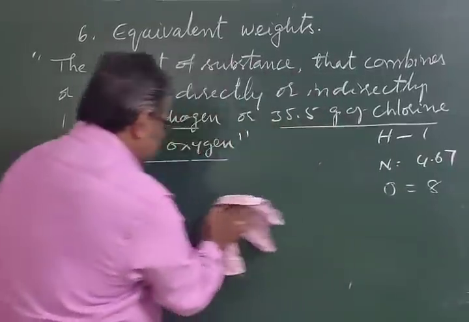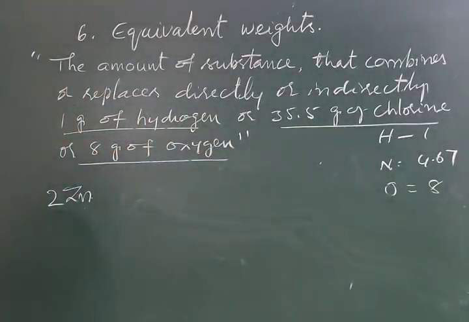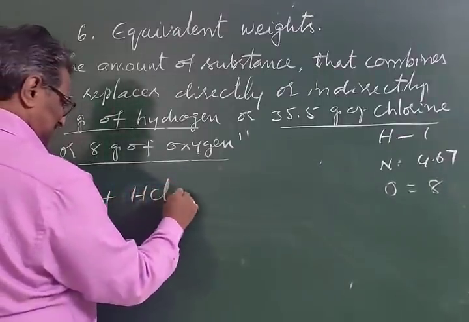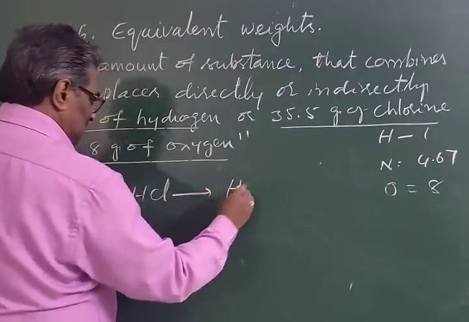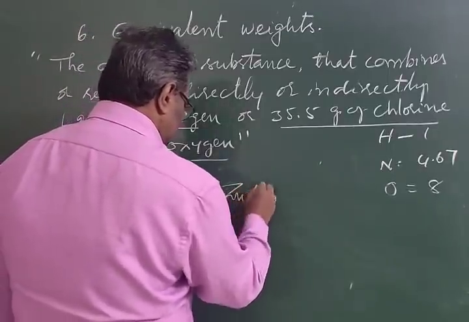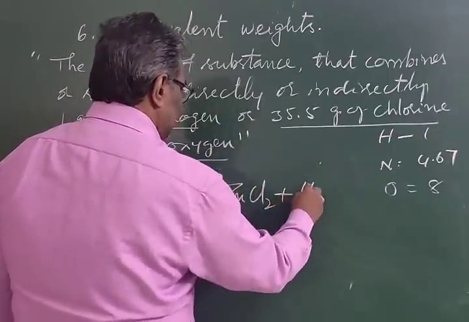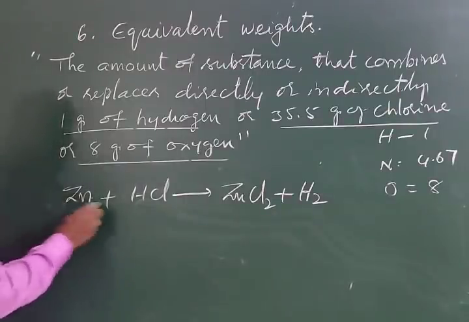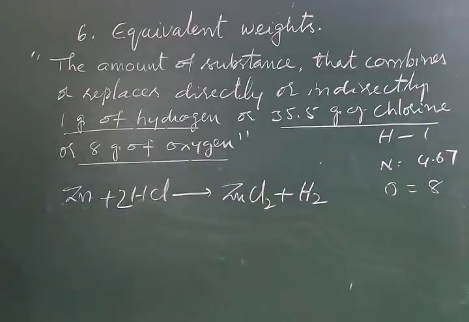On the other hand, it can also be observed that zinc reacts with hydrochloric acid to give zinc chloride and hydrogen. The balanced equation is Zn plus 2HCl gives rise to ZnCl2 plus H2.